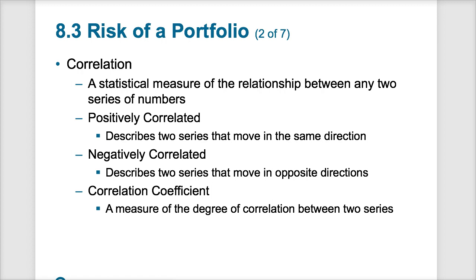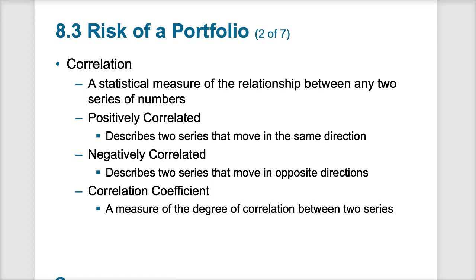Maybe one person lives in the North Pole, one person lives in the South Pole. We would never see them together. So those are the two extremes. We could create what's called a correlation coefficient that will measure the degree of correlation between the negative and positive. So two people who are friends, sometimes they're together, sometimes they're not, so they're neither perfectly positively or negatively correlated.